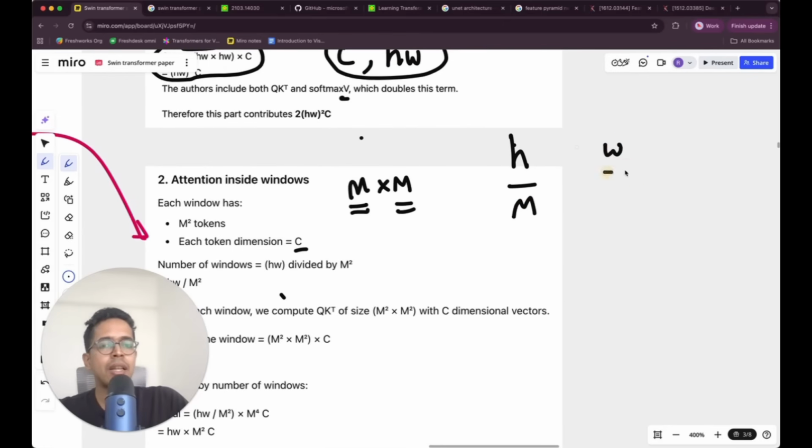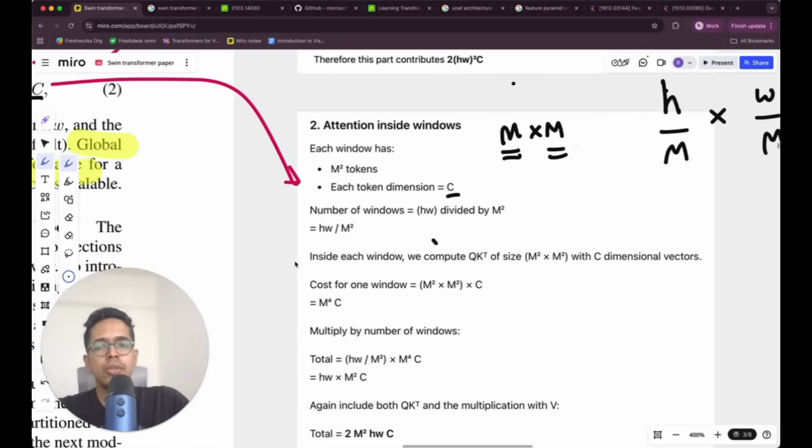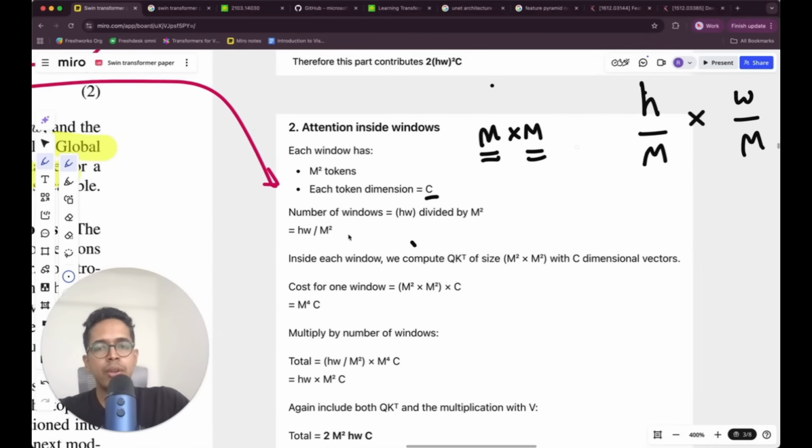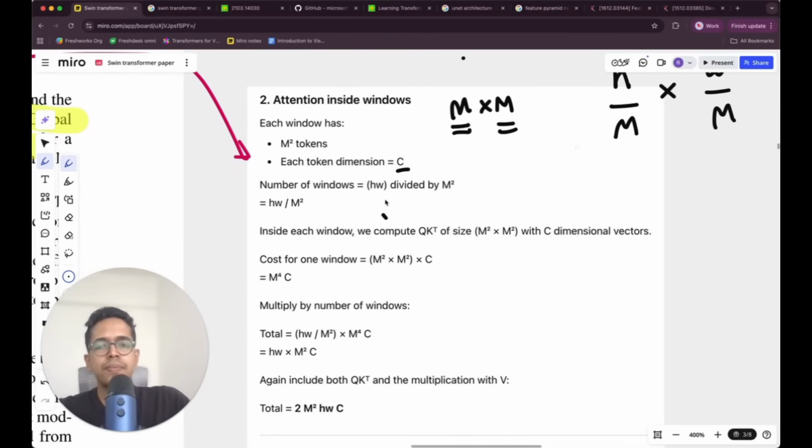And M patches constitute one window width. So these many windows exist along the width, these many windows exist along the height, and totally these many windows exist altogether in your image: HW by M square.